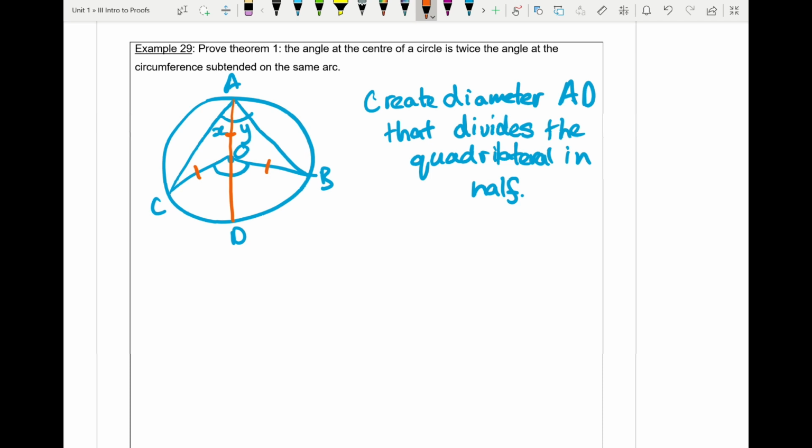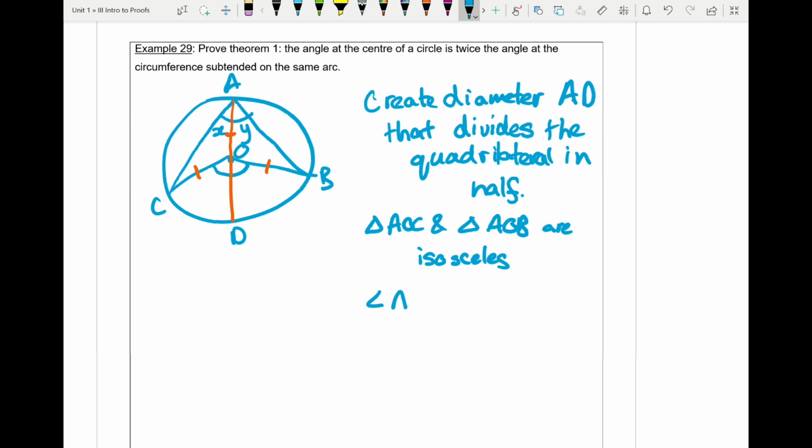So AOB and AOC are both isosceles. So triangle AOC and triangle AOB are both isosceles.